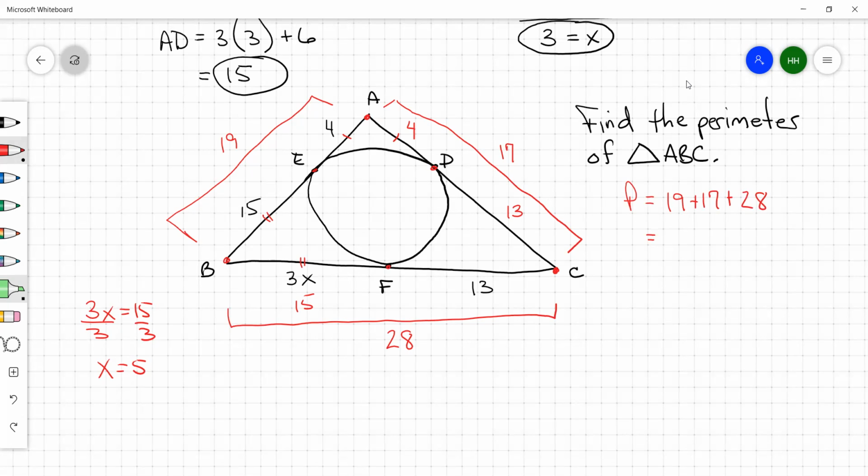Anybody got that? 19 and 17 and 28. 64. So that's another application of that theorem, whether it's a triangle wrapped around a circle or a quadrilateral or a pentagon. All right. Anytime that you've got segments tangent to a circle originating from the same point, they're going to be congruent to each other.